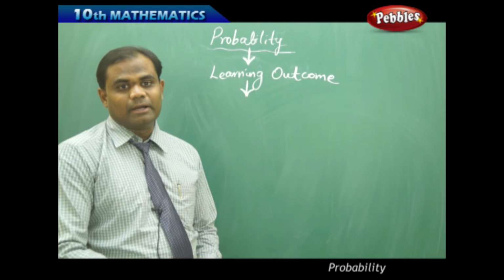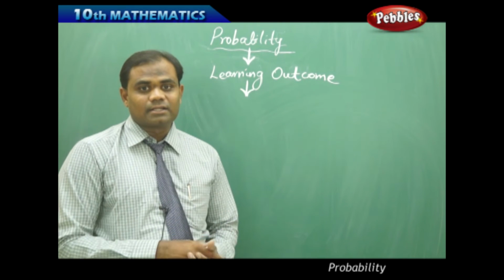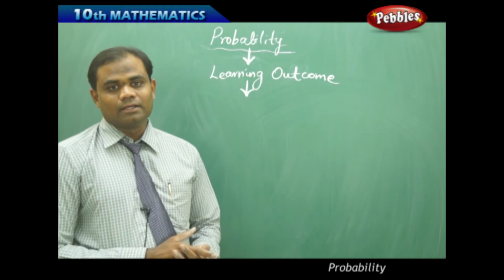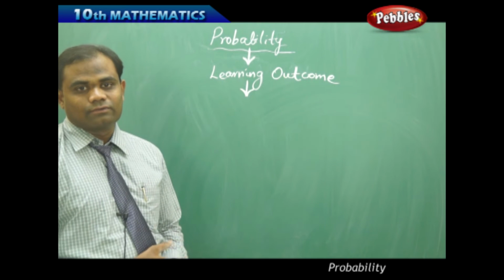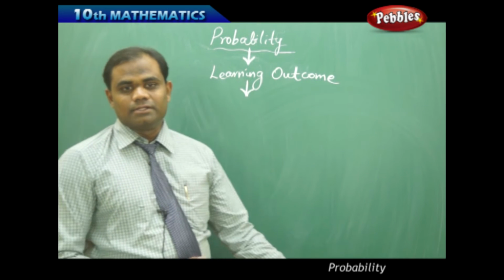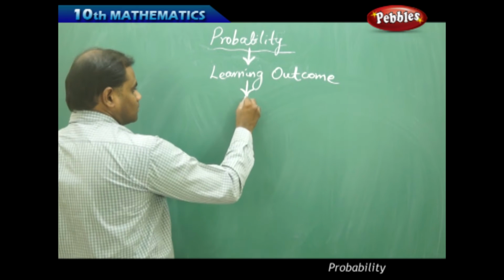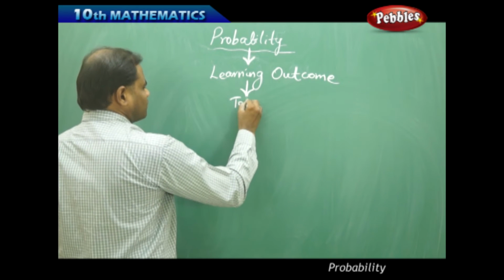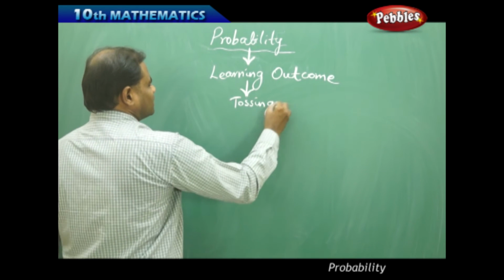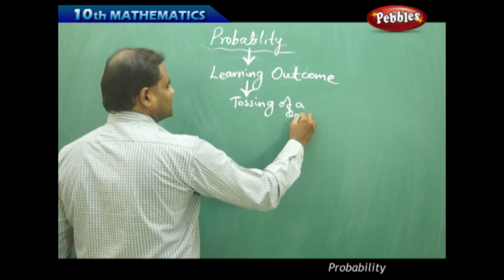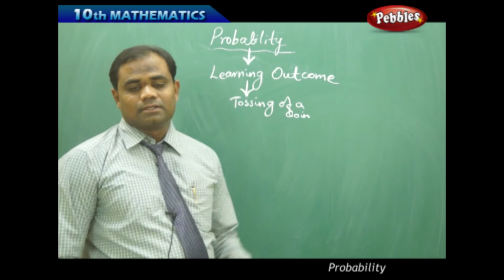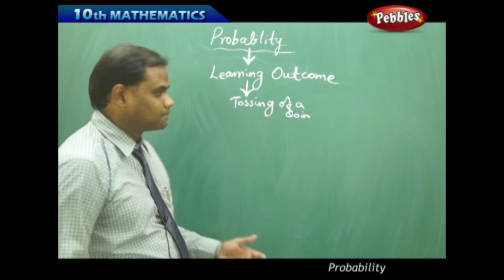Why is tossing of a coin taken as the chance of deciding which team wins and which team loses? To identify this, let's take tossing of a coin and see why it is used through a more mathematical, valid understanding and justification.